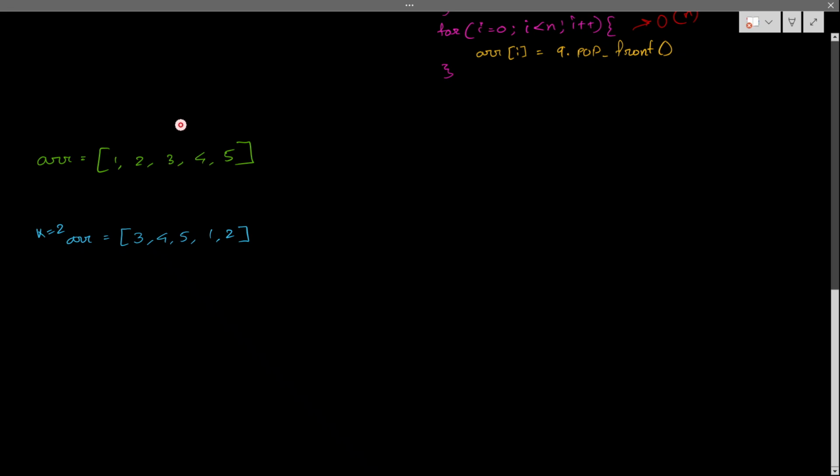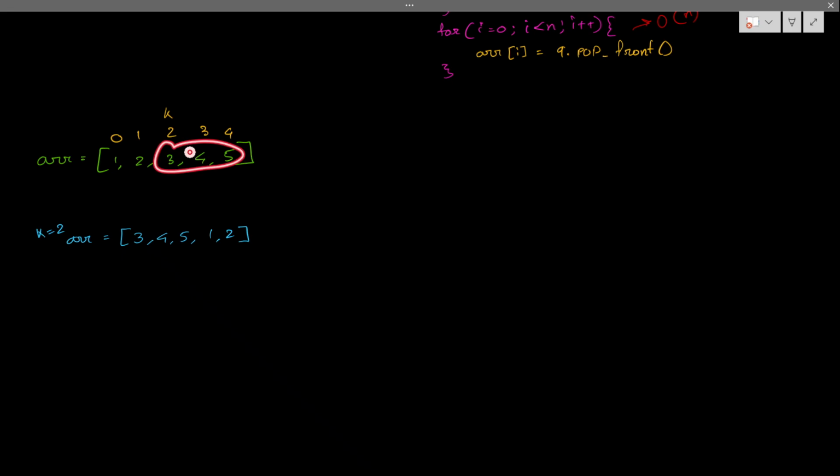If it is my kth position, the indices are 0, 1, 2, 3, 4, so k here is 2. From the kth position to the end of the array, I can iterate and add the elements to a new list.